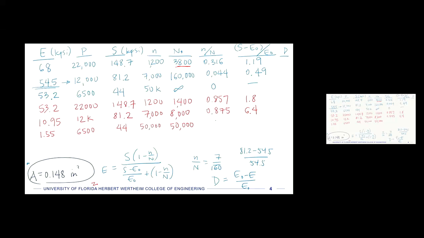So okay, our n over N is now 1, right? And if n over N is 1, then our whole equation kind of collapses, right? Because our new modified endurance limit is 0. So we didn't make it.